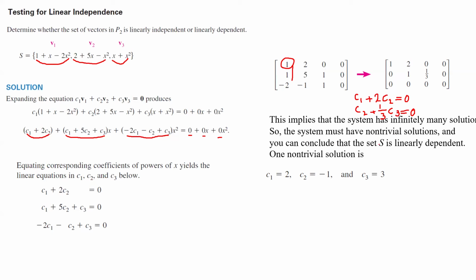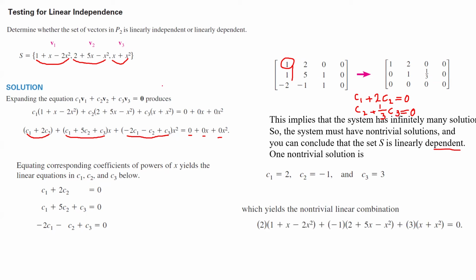And you can conclude that the set S is linearly dependent because you get C values that are not 0. So that's how you show the system has infinitely many solutions or unique solutions and so on.